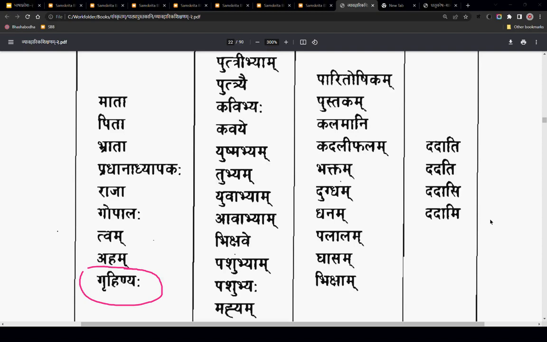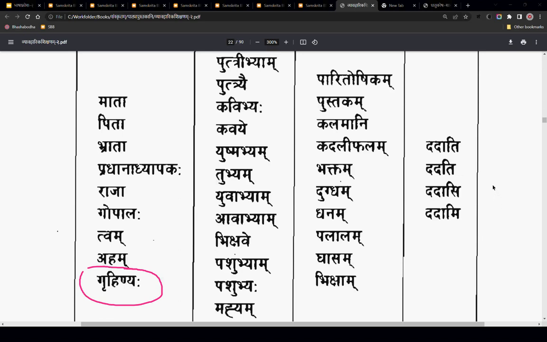Prathama purusha, madhyama purusha, uttama purusha. Gruhini, gruhinyah. Gruhini, gruhinyah, we have the bahuvachanam, right? So that is bahuvachanam. With gruhinyah in bahuvachanam, what form of kriyapada should be used?